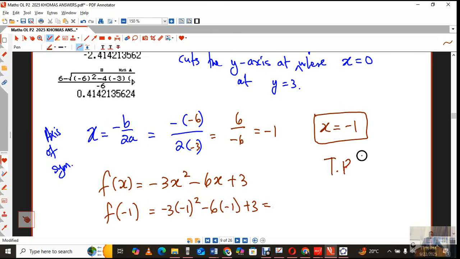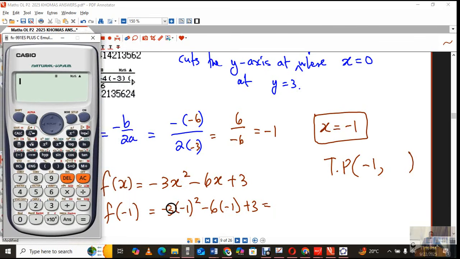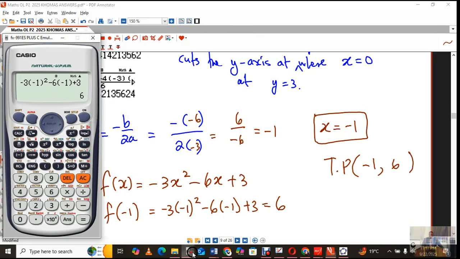Because my turning point is a coordinate, I'm looking for the y value. So I plug -1 into my equation: -3 times -1 squared, minus 6 times -1, and then plus 3. That gives 6, the value I'm looking for. So that is my turning point.